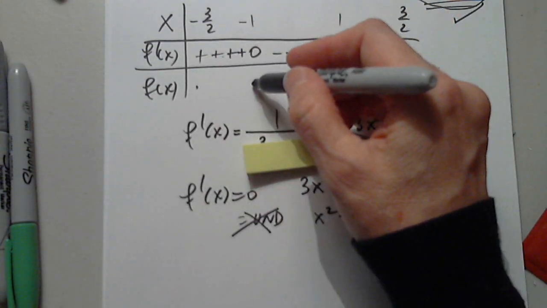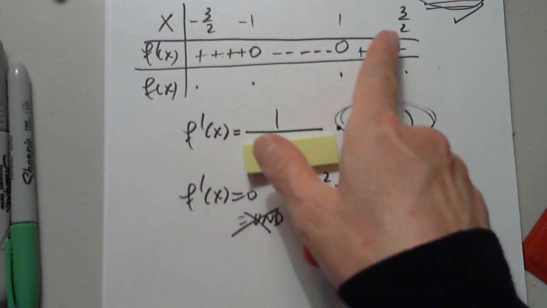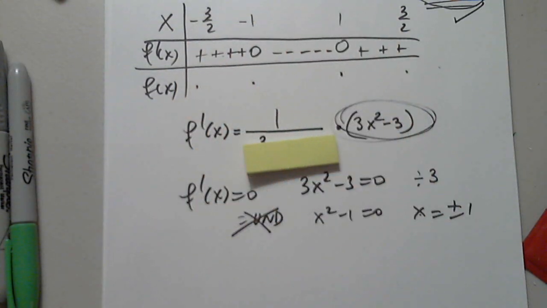Now quickly I have to determine these four values, plugging these numbers in the function. So with a calculator, I have natural log of x cubed minus 3x plus 4.